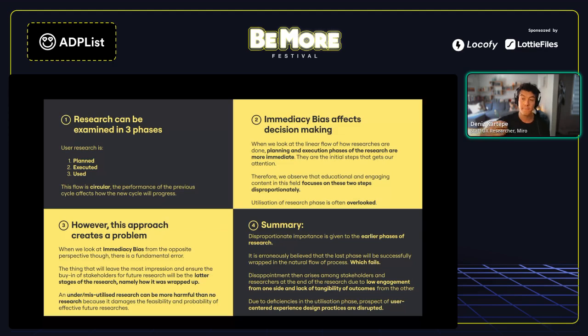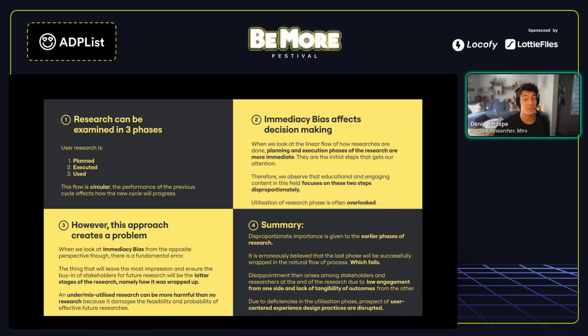So the important thing there is an under or misutilized research can be more harmful than no research at all because we have taken people's attention, we have taken people's cognitive load, and if they did not see value, it will be much harder next time when they come. And it will damage the feasibility and probability of future research. So this is the summary.